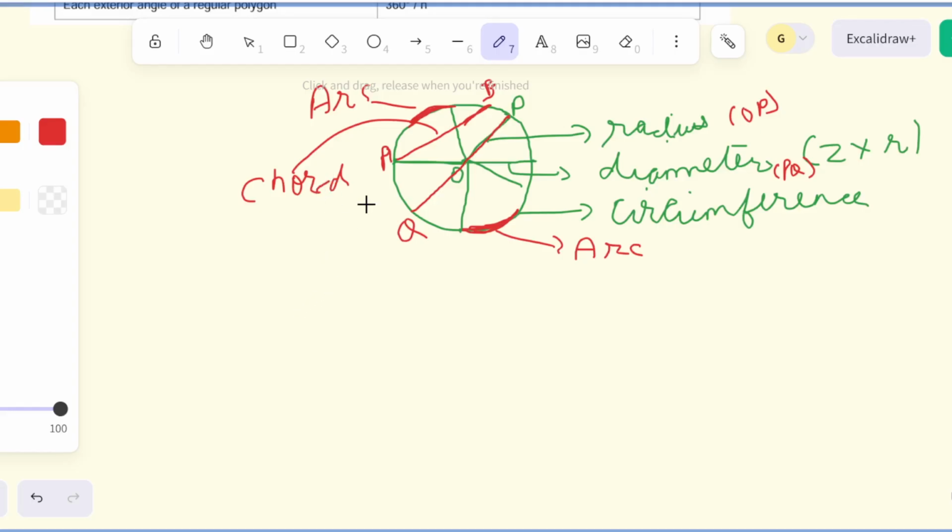So what is a chord? A chord is a line segment which intersects the circle at 2 points, just like AB. Even the diameter is also a chord. You can say it is the longest chord. So diameter is nothing but the longest chord.